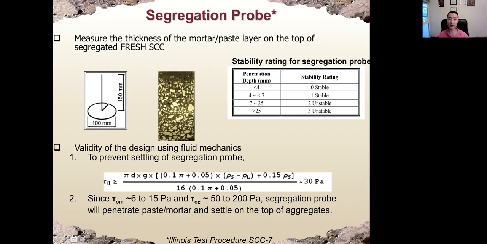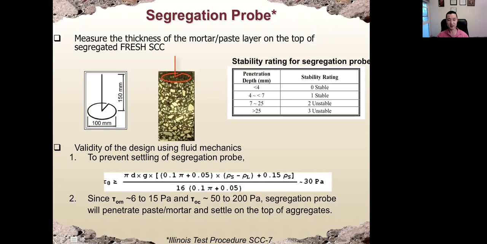This is fresh concrete, and we gently put the segregation probe on top of the concrete. The probe is designed so that it will penetrate the cement paste or mortar layer, but it cannot penetrate when the concrete has coarse aggregate.